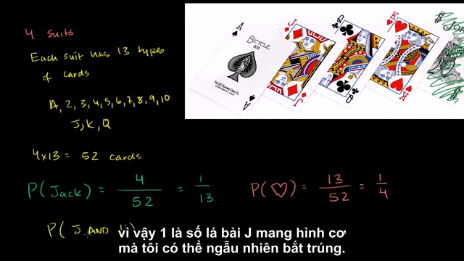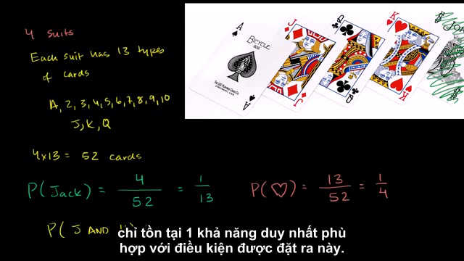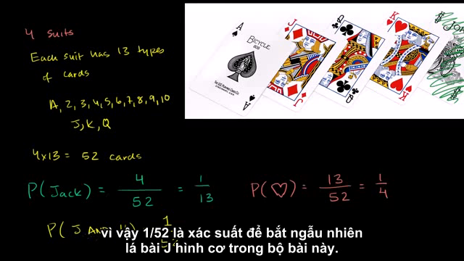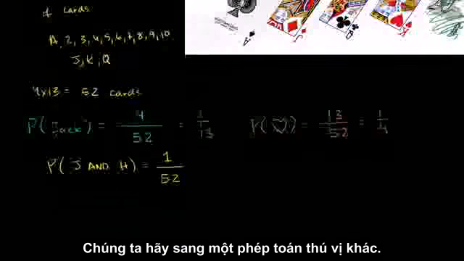So we're saying, what is the probability that we pick the exact card, the jack of hearts? Well, there's only one card that meets this criteria, and there's 52 possible cards. So there's a 1 in 52 chance that I pick the jack of hearts, something that is both a jack and a heart.